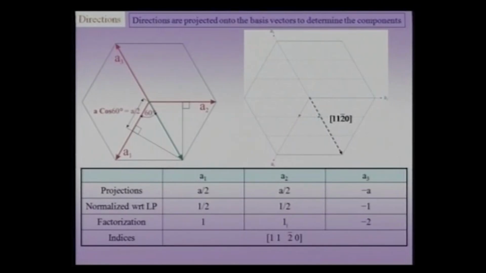So I do not have to actually determine this index, which is a redundant index. So I find the projections along these 2 directions, A by 2 and minus A. I normalize with respect to the lattice parameters, take out the common factors, and finally write down the indices without any commas and putting the negatives as bars. So this is how I determine the Miller-Bravais indices for directions.